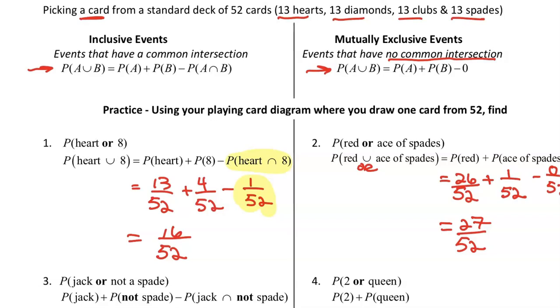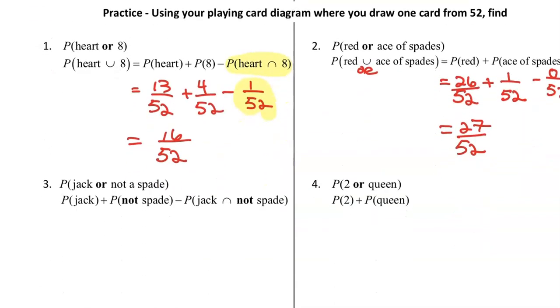Okay, let's keep going. What's the probability of getting a jack or not a spade? So that's interesting. These are complements. When you say not a spade, I want you to think complement. Probability of jacks: there's a jack in every suit, so that's 4 out of 52.